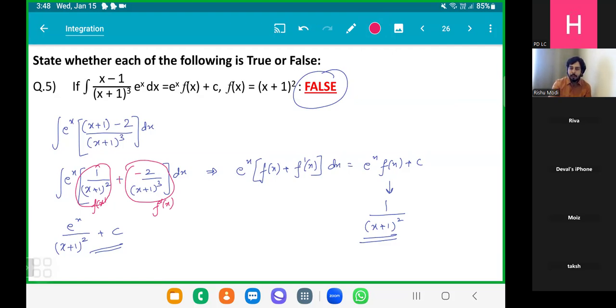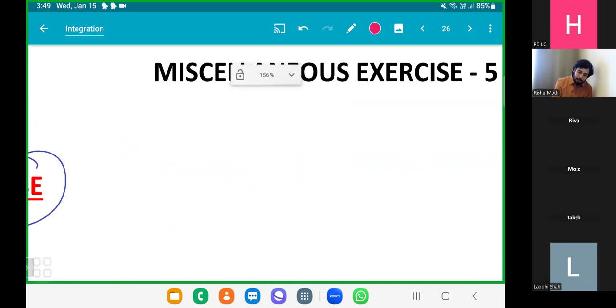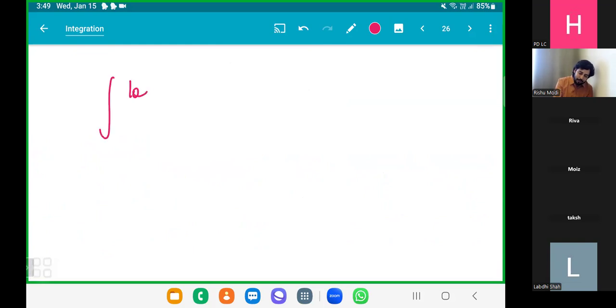Okay, welcome. Hriday: Sir, can you explain the concept of substitution, how to determine what to take as t? See, always remember, Hriday, you take that term as t whose derivative is present in the question and it will go away along with dx. Understand, for example, if I give you a random question, integration of log x upon x.